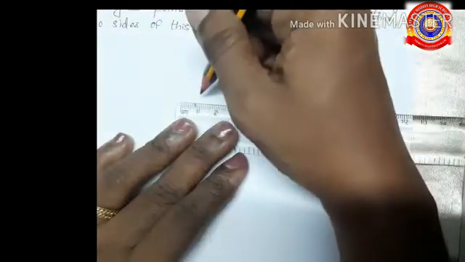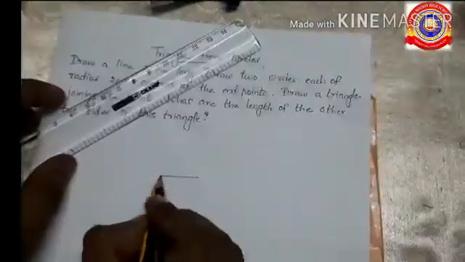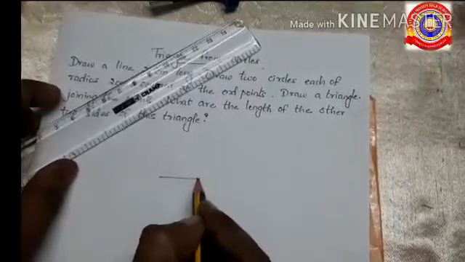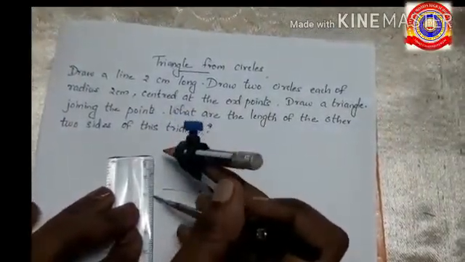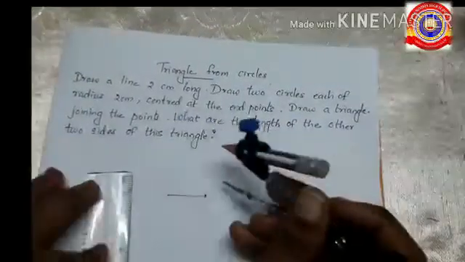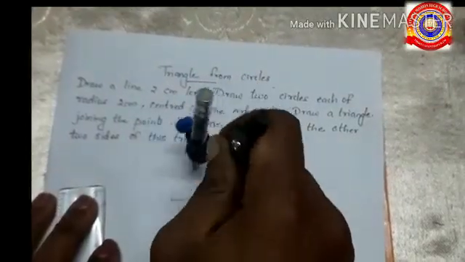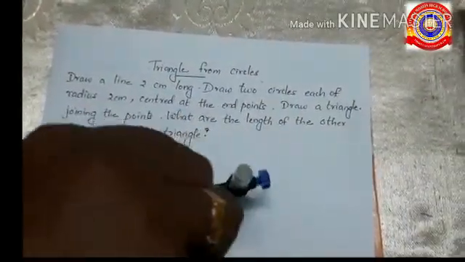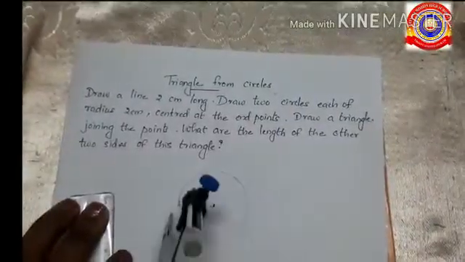First of all, we have to draw a line 2 cm long. Then mark the endpoints. Then take 2 cm in your compass. Then from the right endpoint, draw a circle of 2 cm radius.